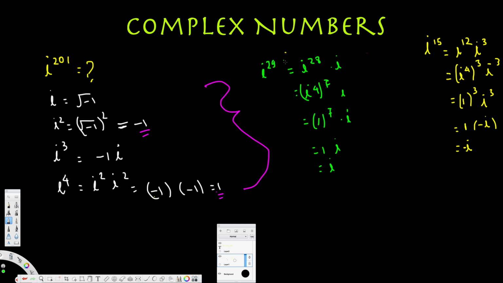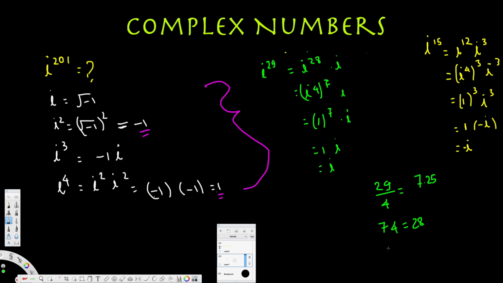Now if you cannot see the closest multiple of 4, what you have to do is divide 29 by 4. When you divide that, you will get 7.25. Take the whole number first, multiply by 4, and you will get 28. That's our first number.